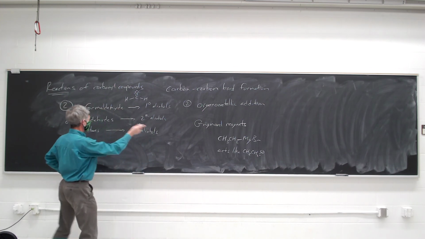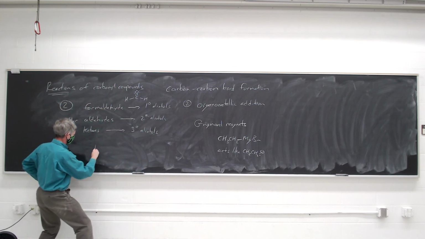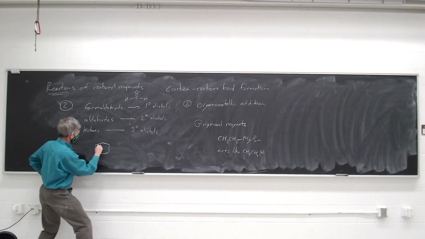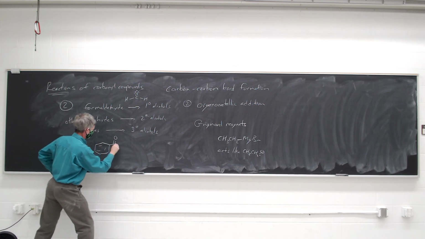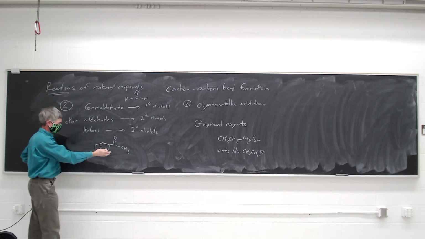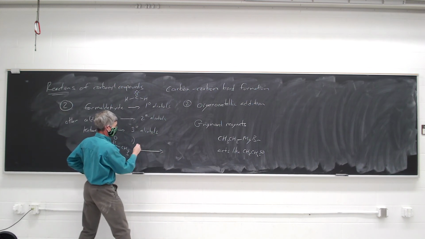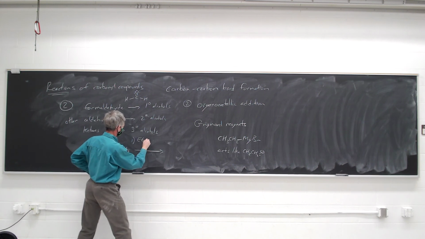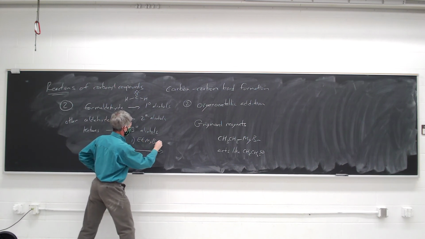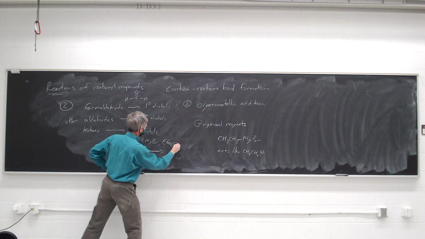So we could use that same transformation to convert acetophenone by treating this with ethyl magnesium bromide. Again, that's got to be run in an inert solvent.